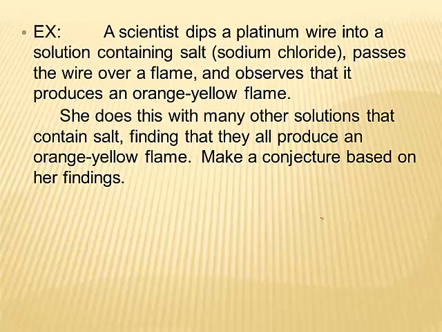In this, we have a scientist who dips a platinum wire into a solution containing salt, or sodium chloride, passes the wire over a flame, and observes that it produces an orange-yellow flame. So, the observation is that we produce an orange-yellow flame.